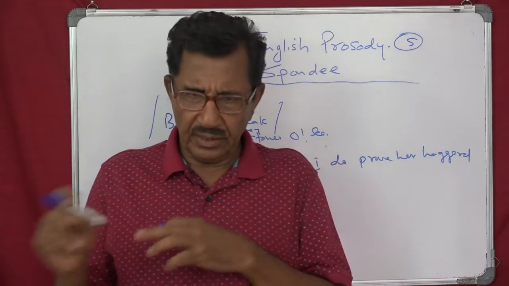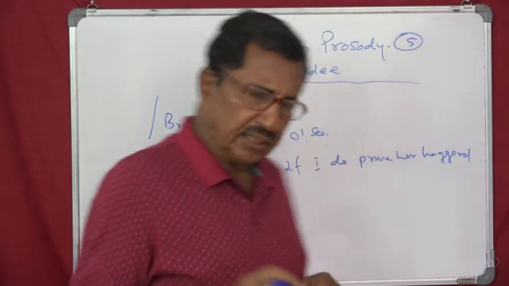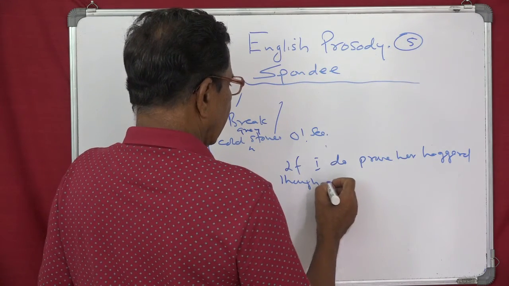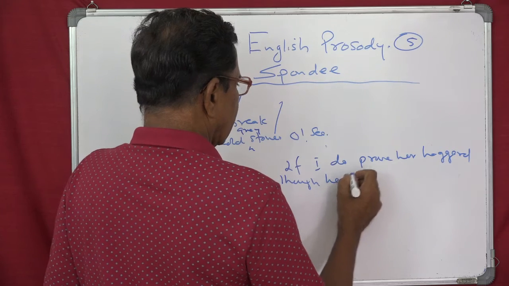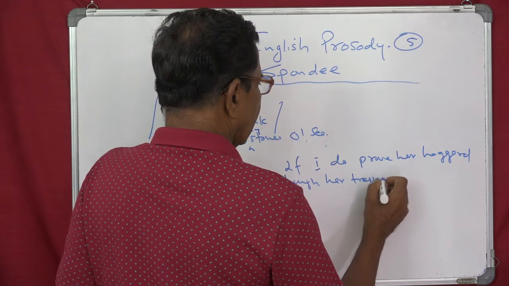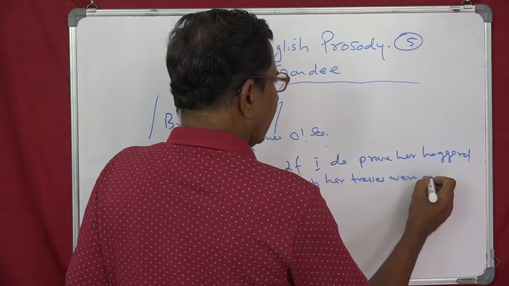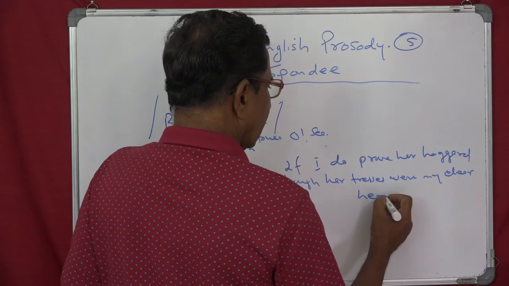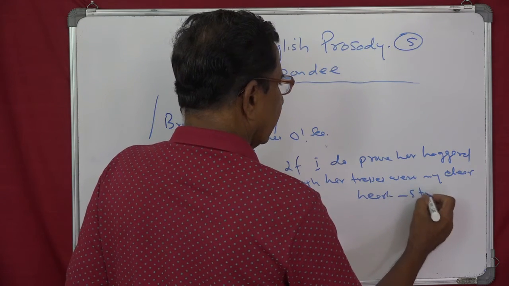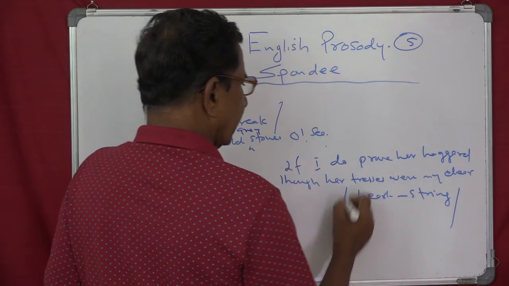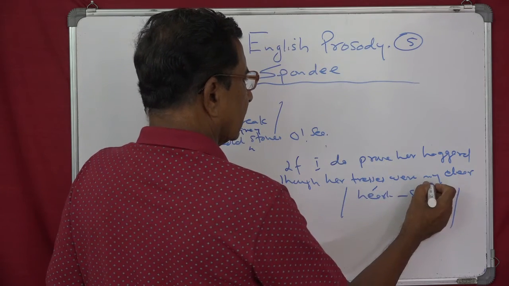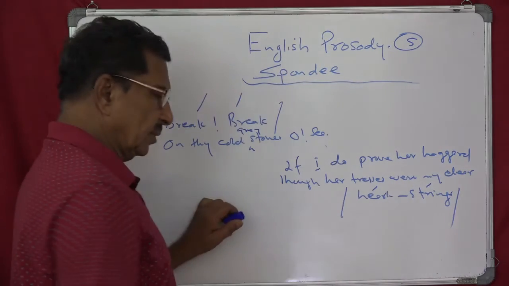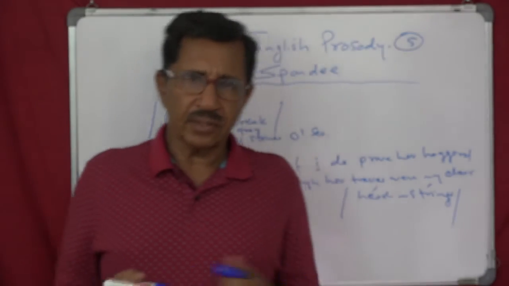So here it is "heartstrings." This part is to be stressed, and so spondee is used.